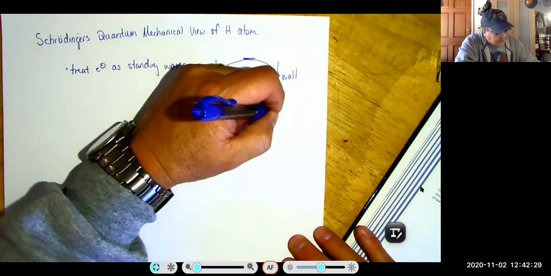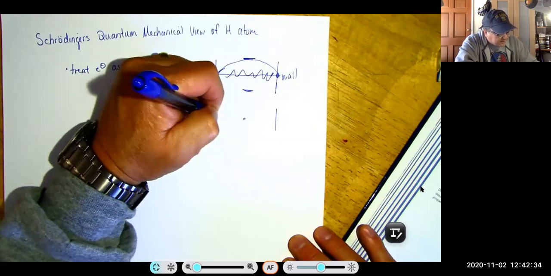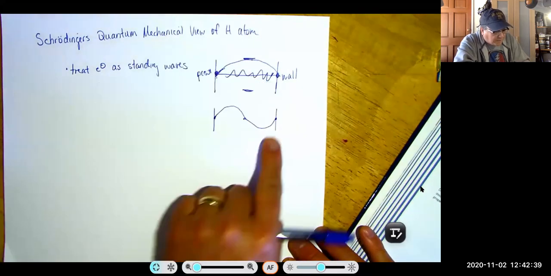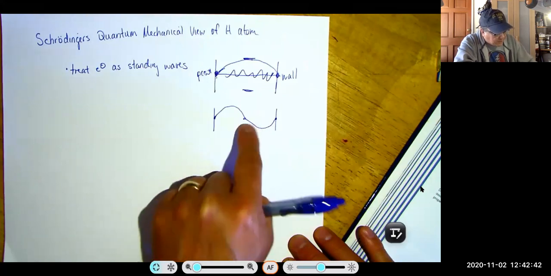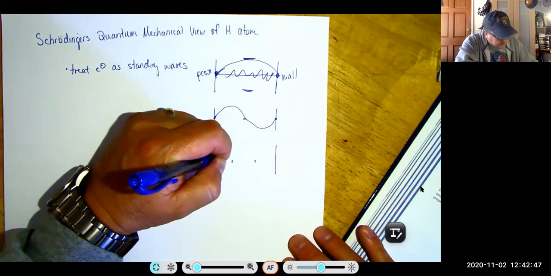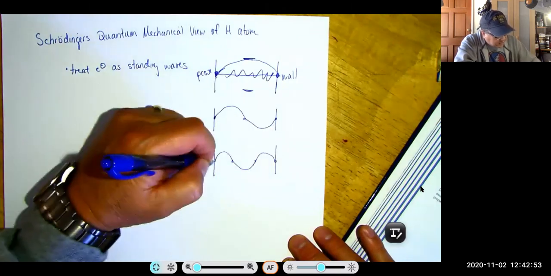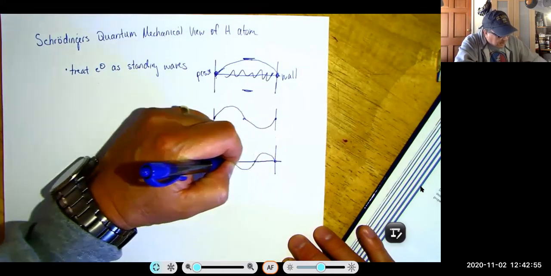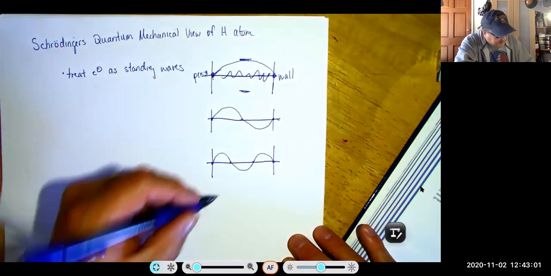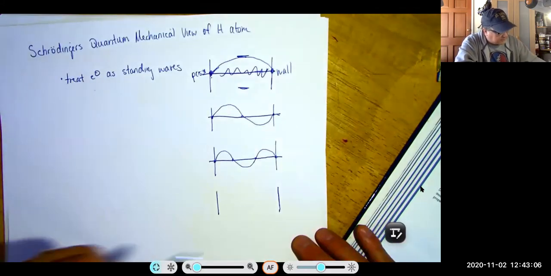So you could also have another standing wave. The next standing wave that we could have here would look like this. But that's a standing wave. So these points are fixed. But this is another standing wave. And here's yet another standing wave. Now notice every standing wave that I draw, these end points are on the same line, right? So that means that you can't have this. This is not a standing wave. These are standing waves.